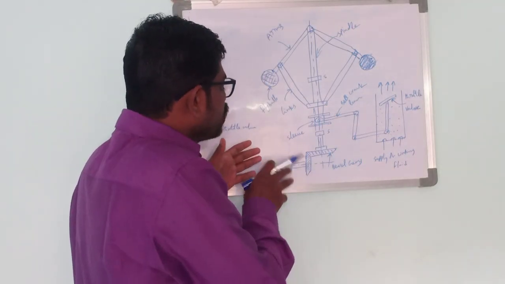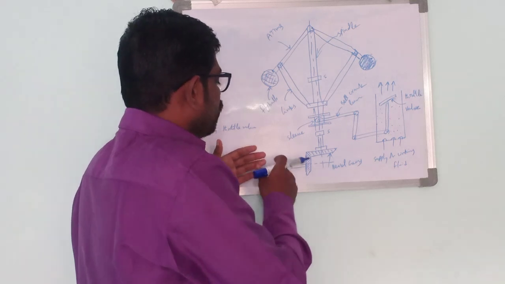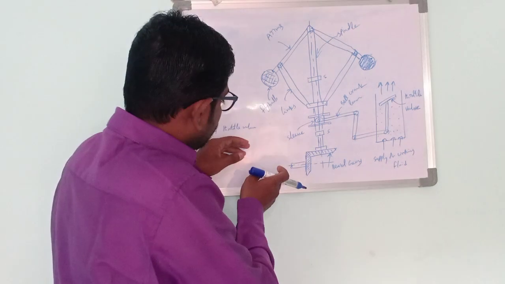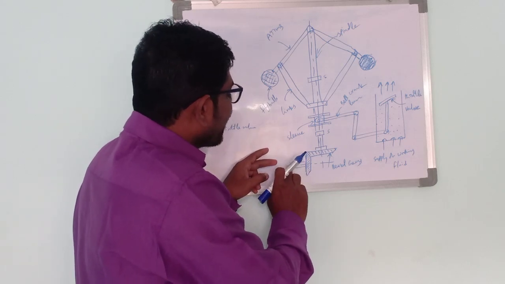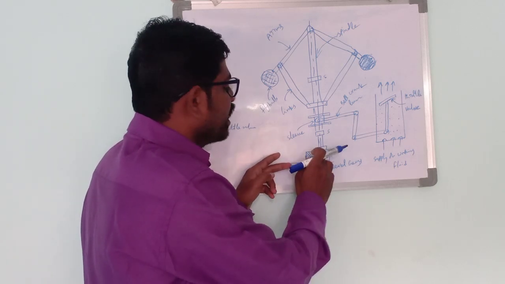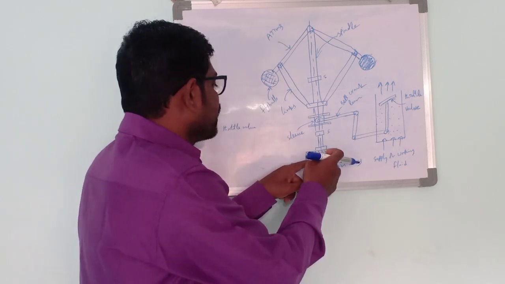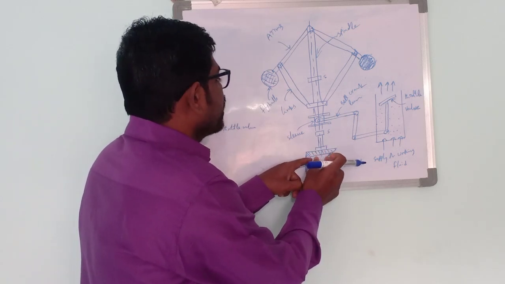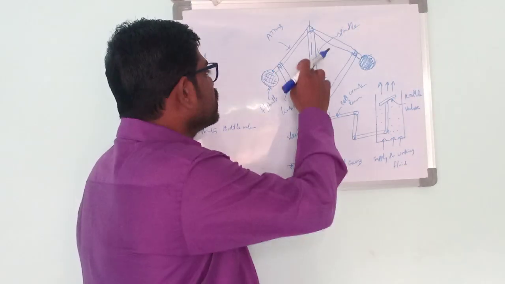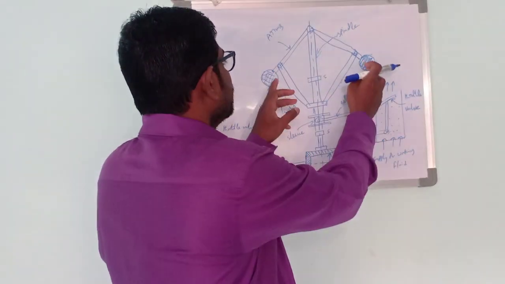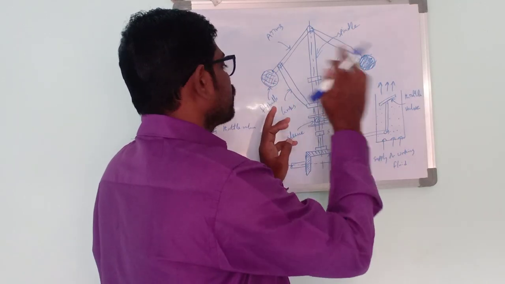Here, the engine is connected to a shaft, and the power is transmitted from this shaft to bevel gears. From the bevel gears, the power is transmitted to the spindle. Then the spindle is rotating. Whenever the spindle is rotating, automatically these two governor balls are rotating.